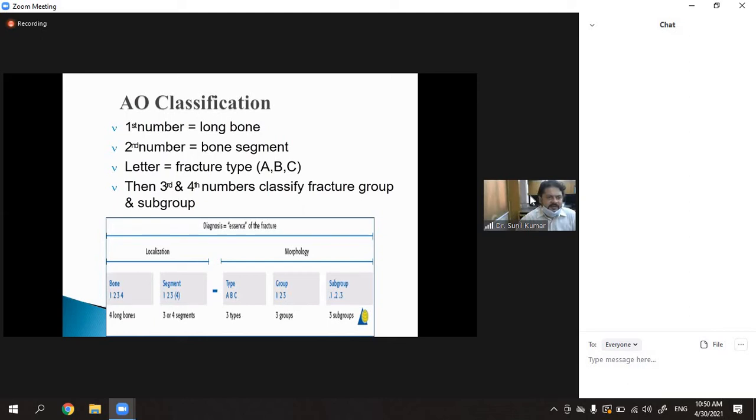The second number is the bone segment, either proximal, middle, or distal third. Then there is a letter for fracture type, A, B, or C. And the third and fourth numbers classify fracture group and subgroups. I will elaborate on this further, one by one.